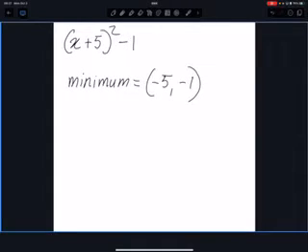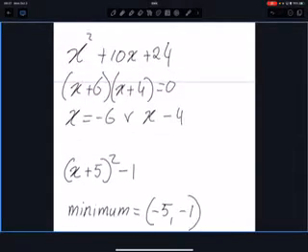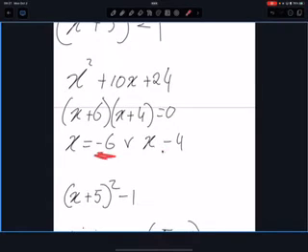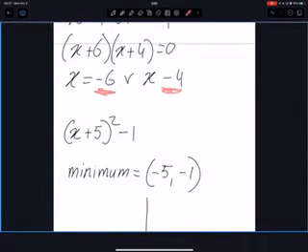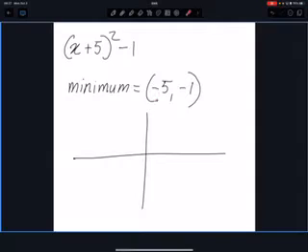So when I sketch it, these are the roots, sorry, -6, -4. And the minimum is at -5, -1. So I have -6 here, -4 there, -5 here in the middle, -1 here. So what does it look like?